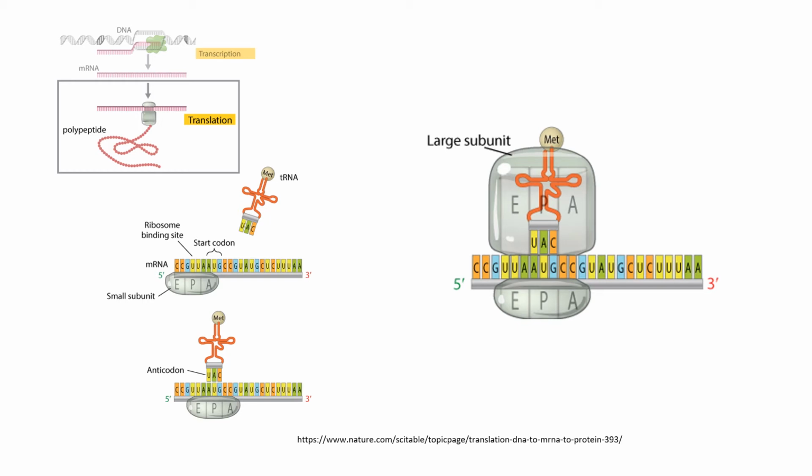Here you see one transfer RNA for methionine bringing in the methionine and matching it to the codon for methionine on the messenger RNA. Again, these protein complexes that make the tRNAs are very specific, and there's a whole group of tRNA synthetases that work with the multiple proteins that make the large and small subunits of the ribosomes.